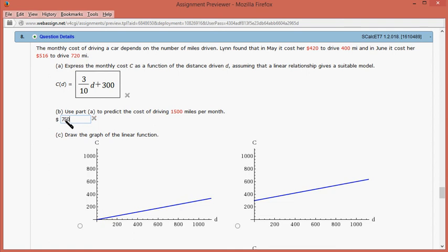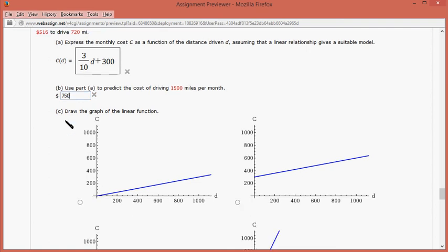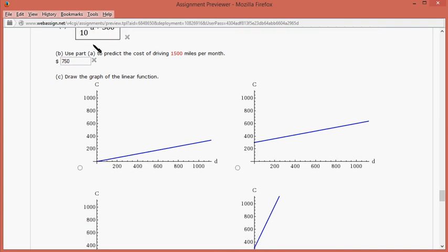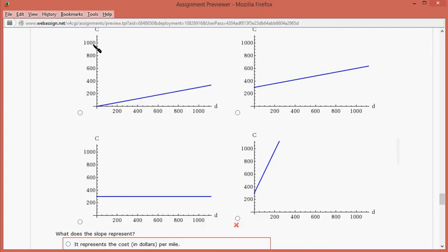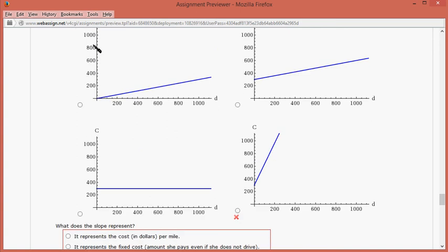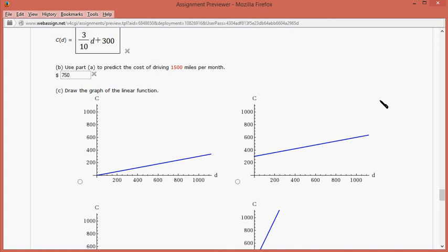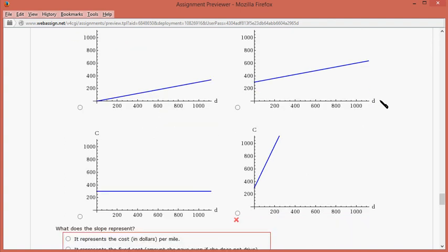Let's type in 750. Then the graph: the y-intercept, I should say the C-intercept, is 300, so it starts from 300, and the slope is 0.3. This one is way too steep, and this one has slope 0, so this has to be the right picture.